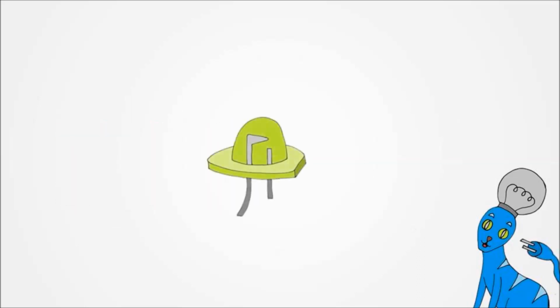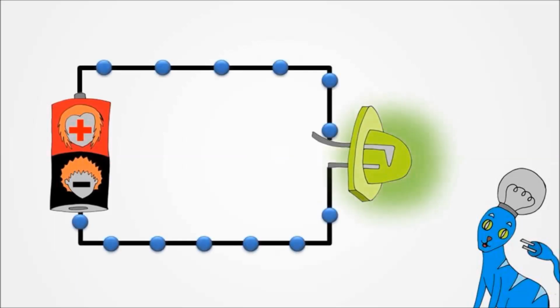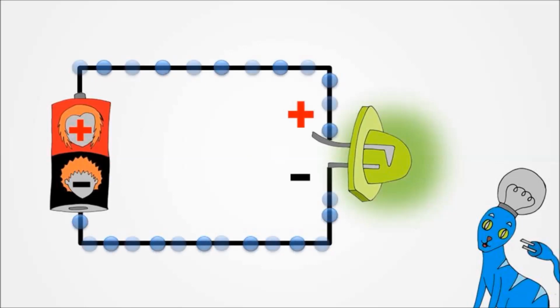Let me introduce you now to the LED, an electronic component that gives us light. It also has a positive and negative terminal. Linking the battery and the LED together like this, positive to positive and negative to negative, the current supplied by the battery will flow through the LED and the LED will light.